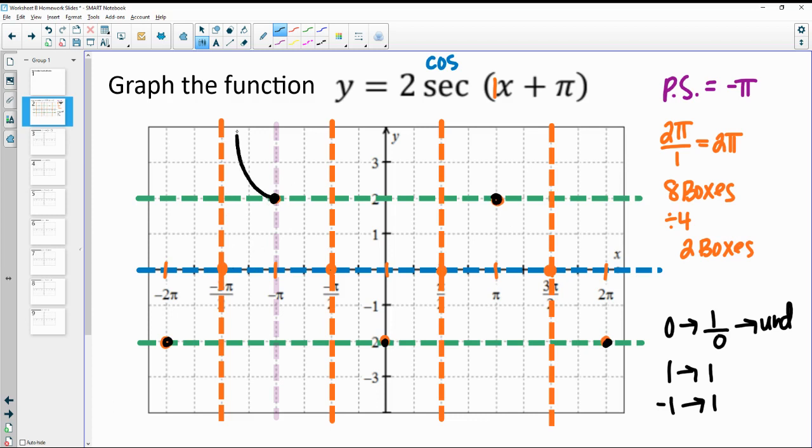So it's going to be growing from these maxes towards the asymptotes. And then vice versa, it's going to be going down from these minimums towards the asymptotes. So then the black lines would be our secant function.